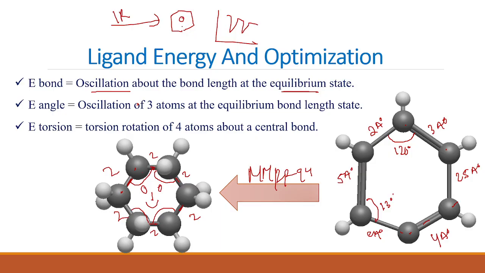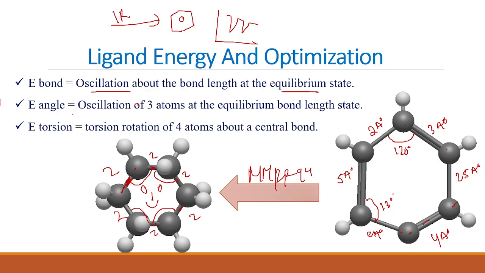Okay. So when we apply the IR radiation and the molecules start to vibrate, at that time, what is the bond length? That is the equilibrium bond length. You can see this point, oscillation about the bond length at the equilibrium state.